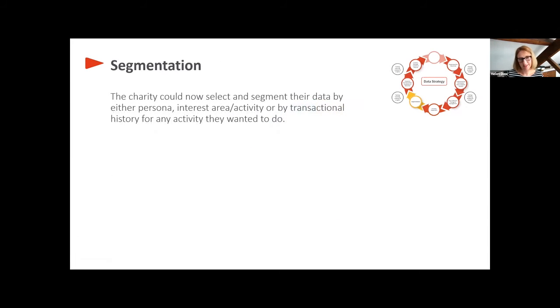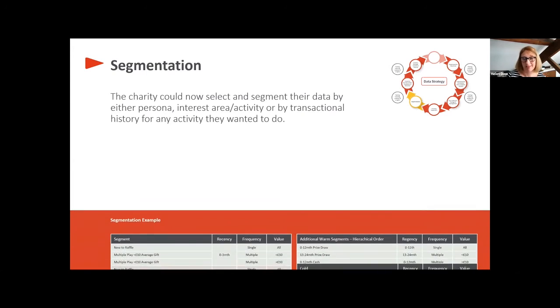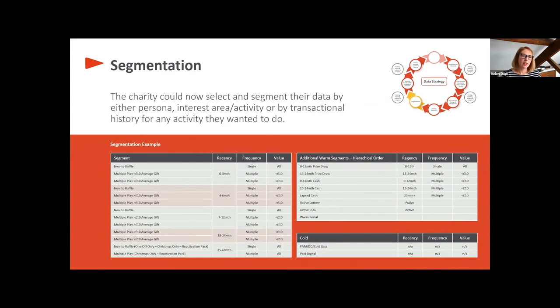Using that information, they could start to segment their data if they wanted to. So they had different things that they could do with their data. Now they had personas, so there were groups of types of people within their supporter base that they could select by, or they could select by product. So for example, the segmentation we've got here is a raffle segmentation.